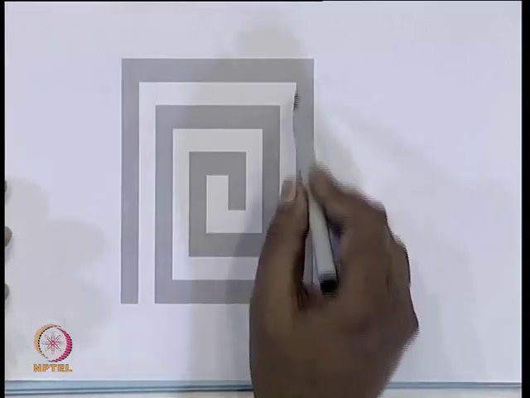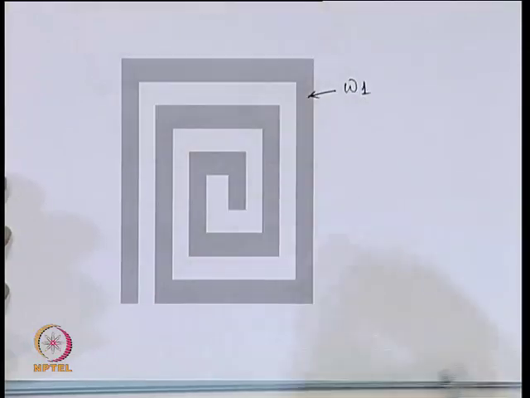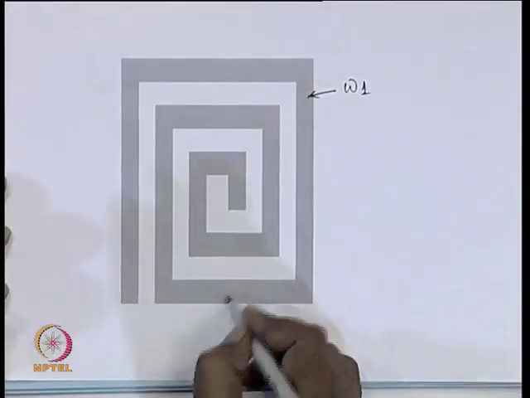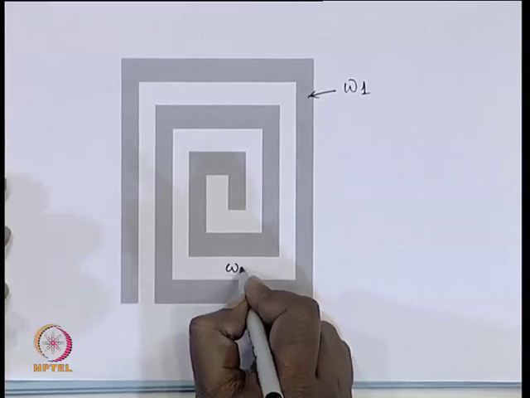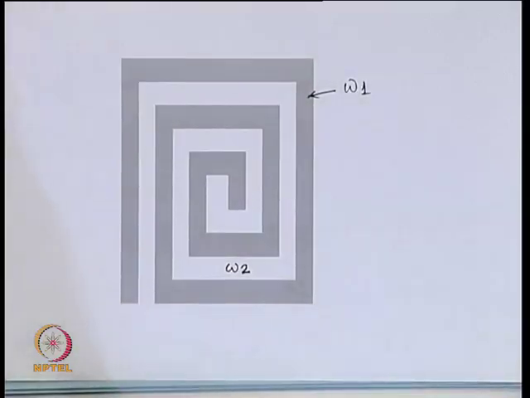If I assume that all the points belonging to these gray shades belong to class omega 1, and the points belonging to the white region belong to class omega 2, then the points are not coming as clusters, but are distributed following a structure. The structure is so complicated that the points belonging to one class are totally intermixed with the points belonging to another class.